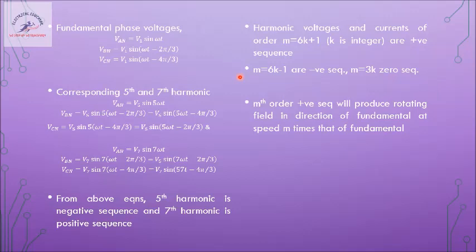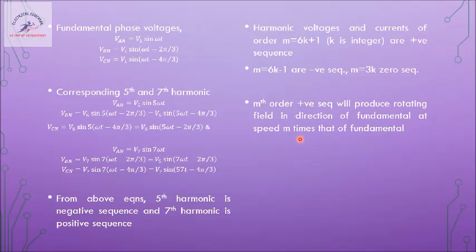Now the mth order positive sequence component. Any positive sequence component, in general, will produce a rotating field, whether it is a voltage or current, in the direction of the fundamental, because the fundamental is positive sequence, correct? So a harmonic which is positive sequence will also produce a magnetic field in the same direction which the fundamental was producing, but the speed of this magnetic field will be m times the fundamental.